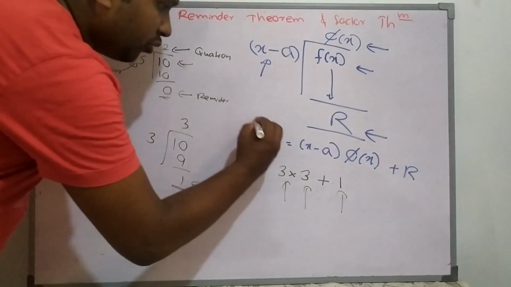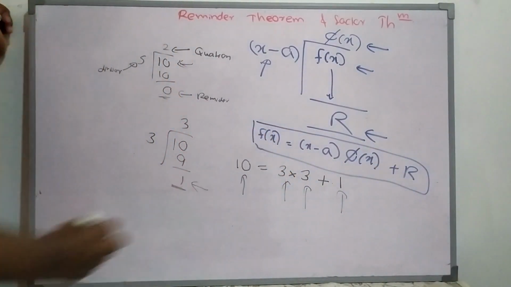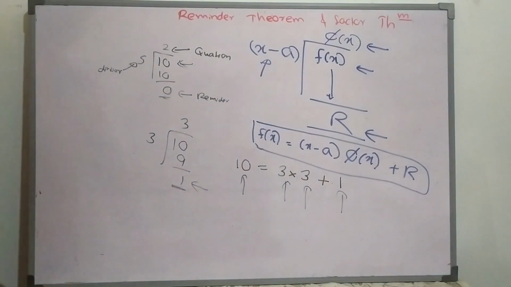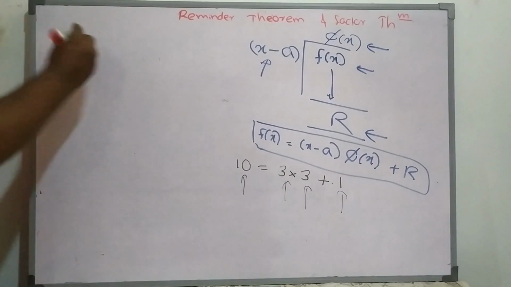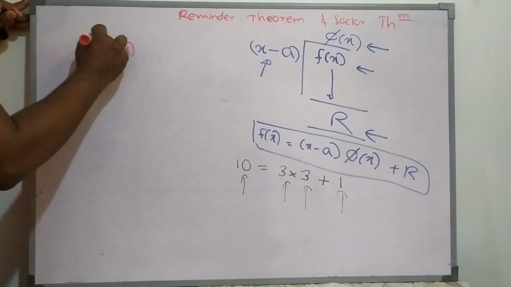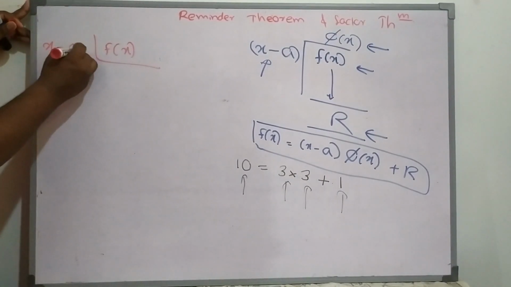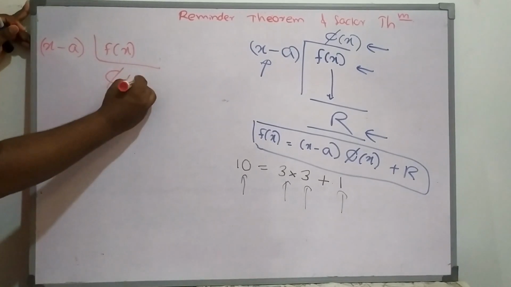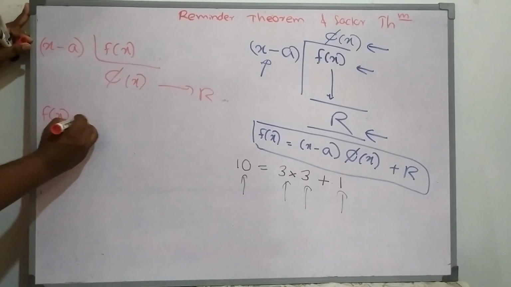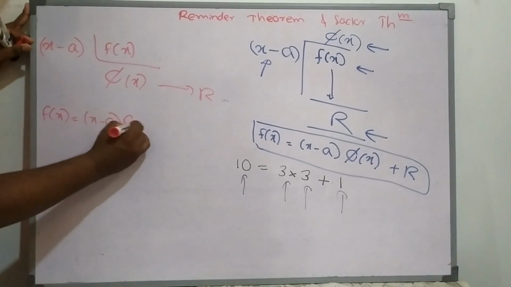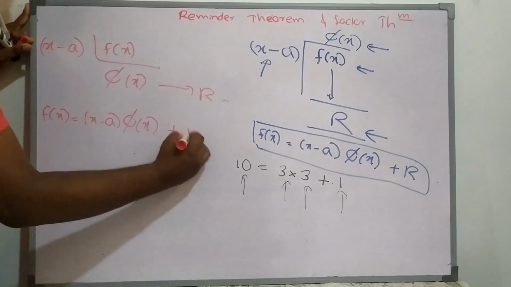Therefore, this is known as the remainder theorem. Normally we write it as f(x) divided by x minus a gives psi(x) and the remainder r, so f(x) is equal to (x minus a) psi(x) plus r.